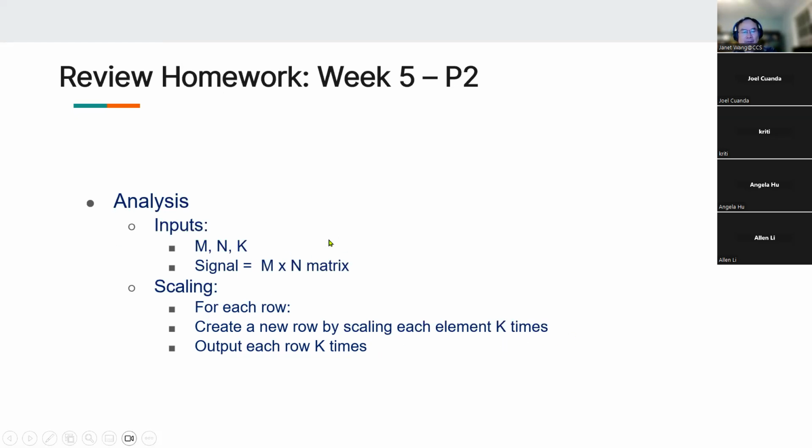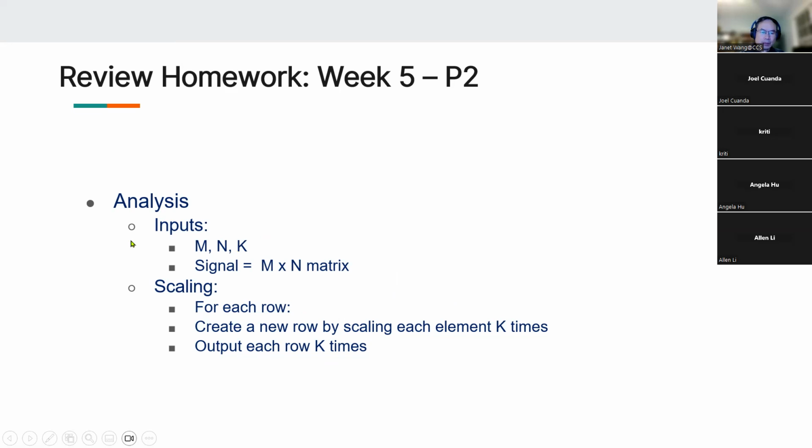So you first read this n by n matrix, a 2-dimensional matrix, and then you read through this matrix. For each row, you scale the column, then you scale the row.